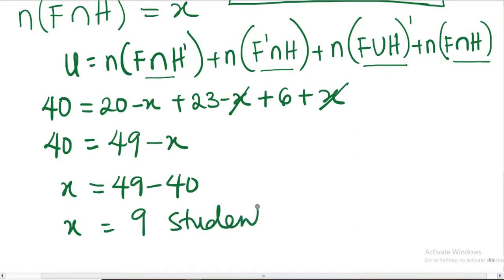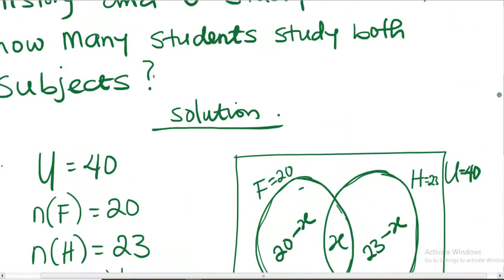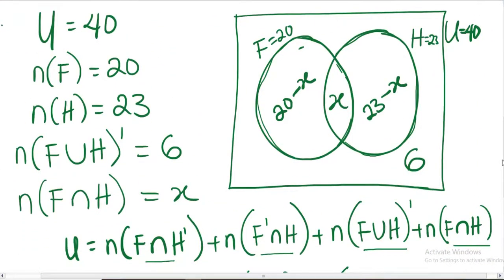What this means is that 9 students offer both French and history, and if you substitute x for 9 in each of the regions, you discover that their sum total will be equal to 40.